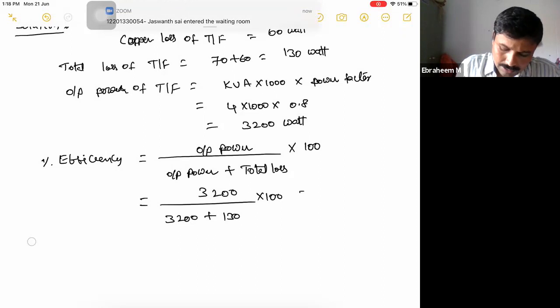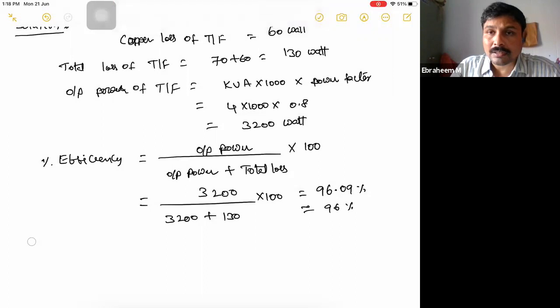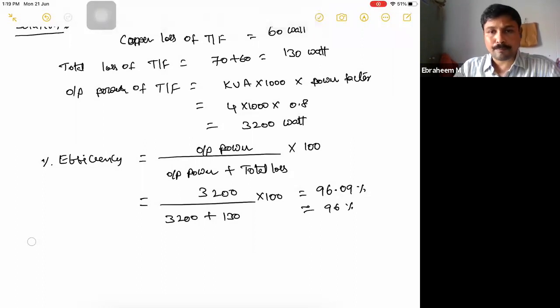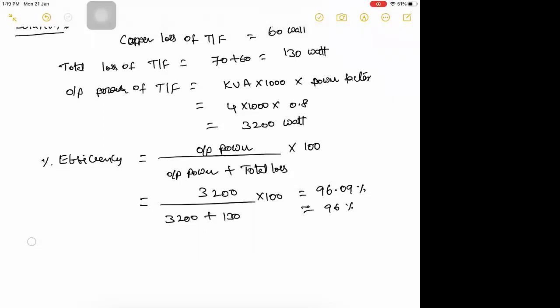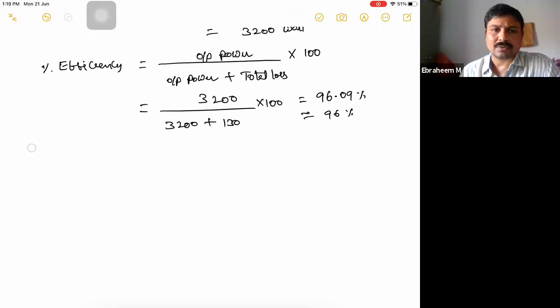So it is 96.09 percent, approximately 96 percent. Okay. So is it clear to all of you? Yes, sir. So 96% is the efficiency of the transformer.